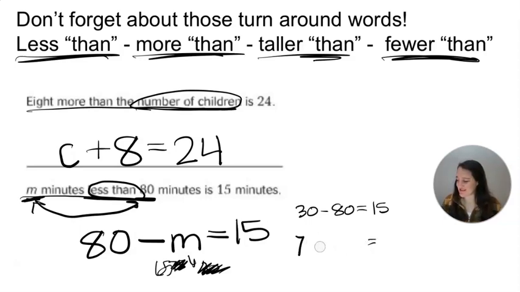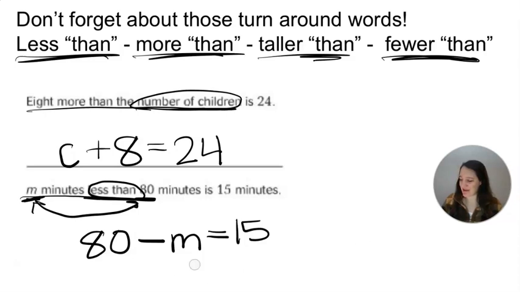Let's just kind of start over. Backing up. M is 65. Is that correct? 80 minus 65. I better make sure. Okay, 15. So the reason those turnaround words are so important is because we can't go 65 minus 80 and get 15 minutes, can we?